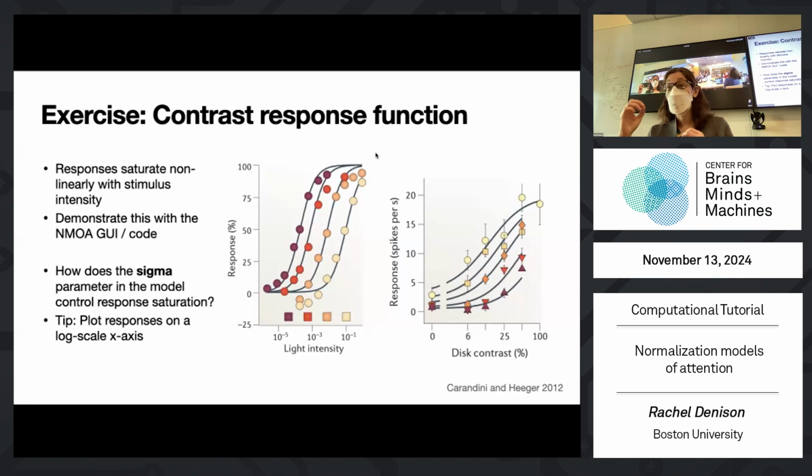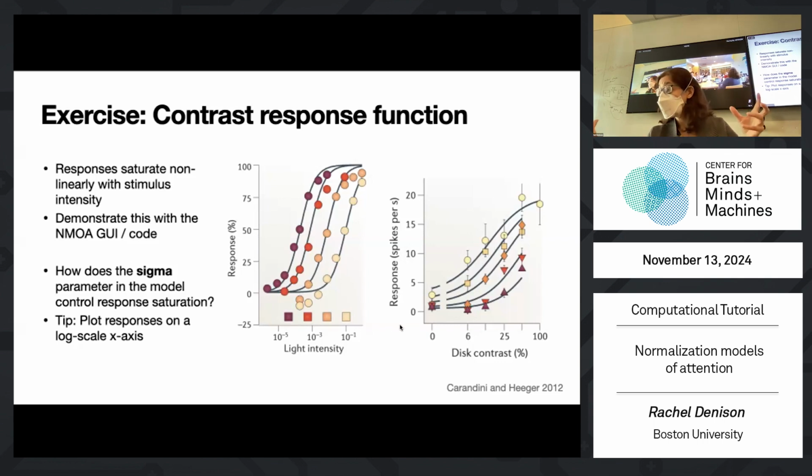And so what we can do is actually see that happening. For this exercise, the idea is, can we demonstrate this, just generate a contrast response function from the GUI or probably from the code in this case? Can you get a plot of a contrast response function by varying the contrast that you're inputting into the model?